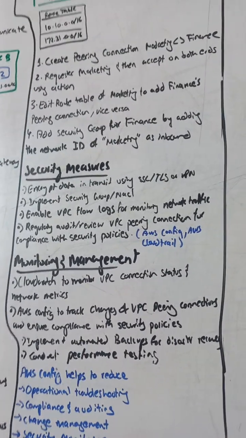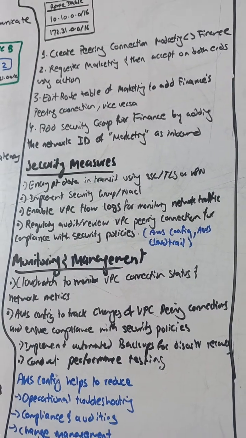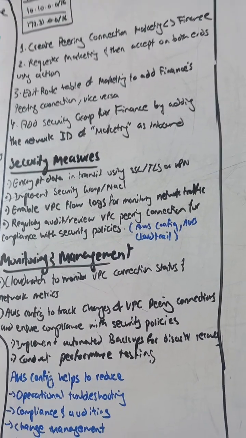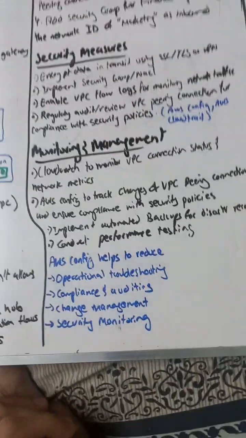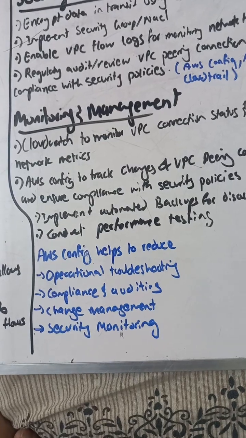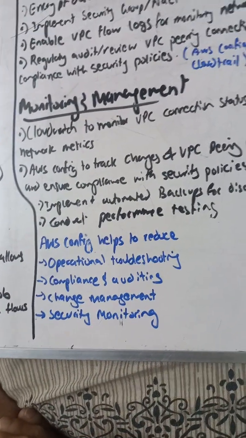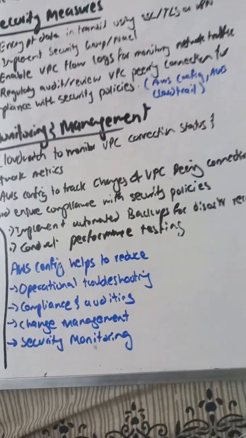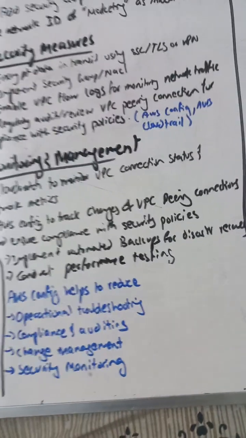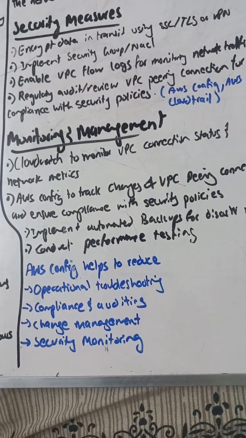You can also audit or review your VPC peering connection for compliance with security policies using either AWS Config or AWS CloudTrail. AWS Config helps you to reduce the risk for your operational troubleshooting, change management, compliance and audits, and your security monitoring.